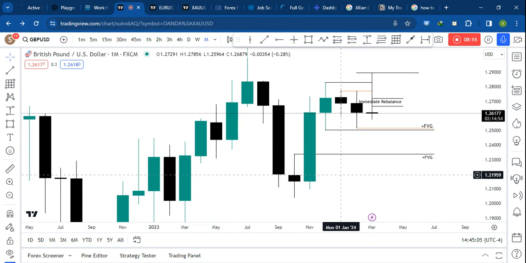We wanna see on a weekly perspective: is there any potential fair value gap to drive us down? Is there any order blocks that we can trust? Is there any breakers? Can you see any liquidity in form of equal highs or equal lows?